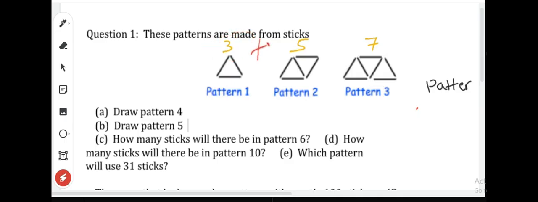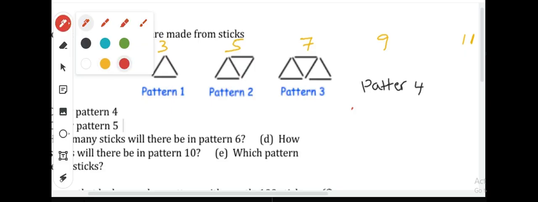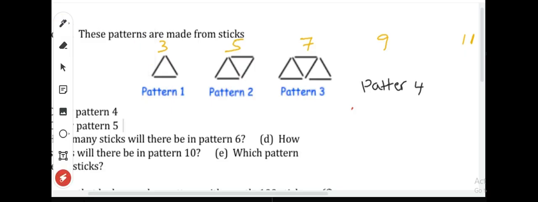3 plus 2 will give us 5. 5 plus 2 will give us 7. So the term to term rule is plus 2. That means the next one we have plus 2, which is 9. And then another one, 9 plus 2, 11, and so on. So we just draw the pattern the way it is.